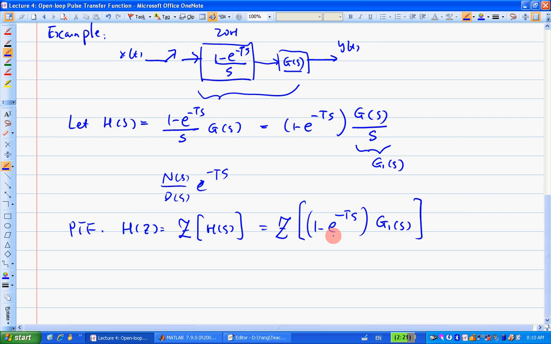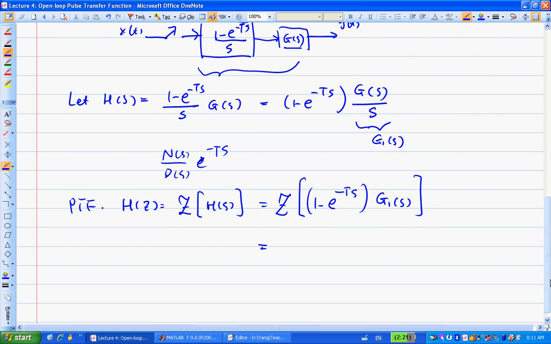Now let's see what the Z transform of the thing in this block will be. If you have your Z transform table, remember I said there are a couple of columns: the first column is the S function, the second is the time function. Technically, when you write the Z transform of the S function, it's equivalent to the Z transform of the corresponding time function.